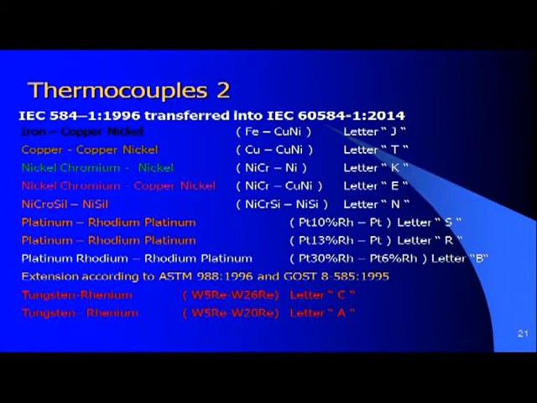So these are the thermocouples which are standardized so far. J, T, K, E, N as the non-noble metal thermocouples, S, R, and B as the noble ones, and C and A as the refractory ones. This is the same in IEC as well as ASTM.